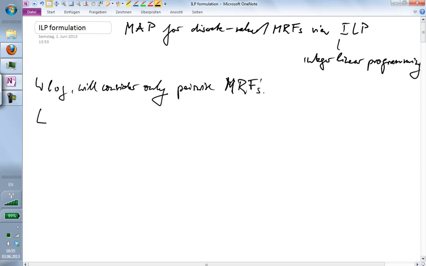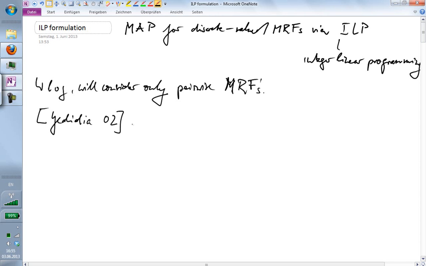Because, something I alluded to earlier today, in a paper by Yedidia and others it was shown that you can actually convert any higher order factor graph into a pairwise MRF.